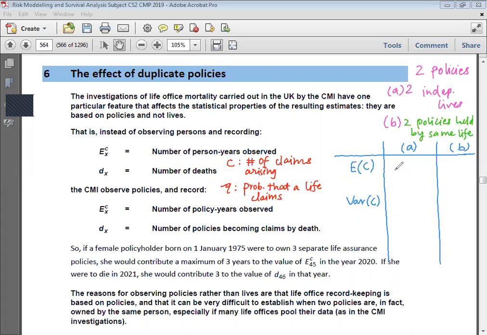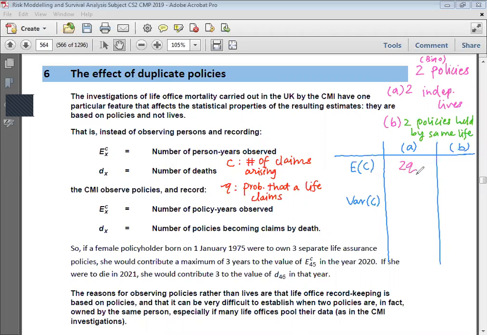So whenever I'm talking about this, I'm again expecting this to follow a binomial distribution. So I expect my policies to be binomially distributed. Okay, so now if you have a look at the expected number of claims, what will that be? That will just be 2 times Q. So it is N times P, right? NP. So N is 2 here, and P is what?